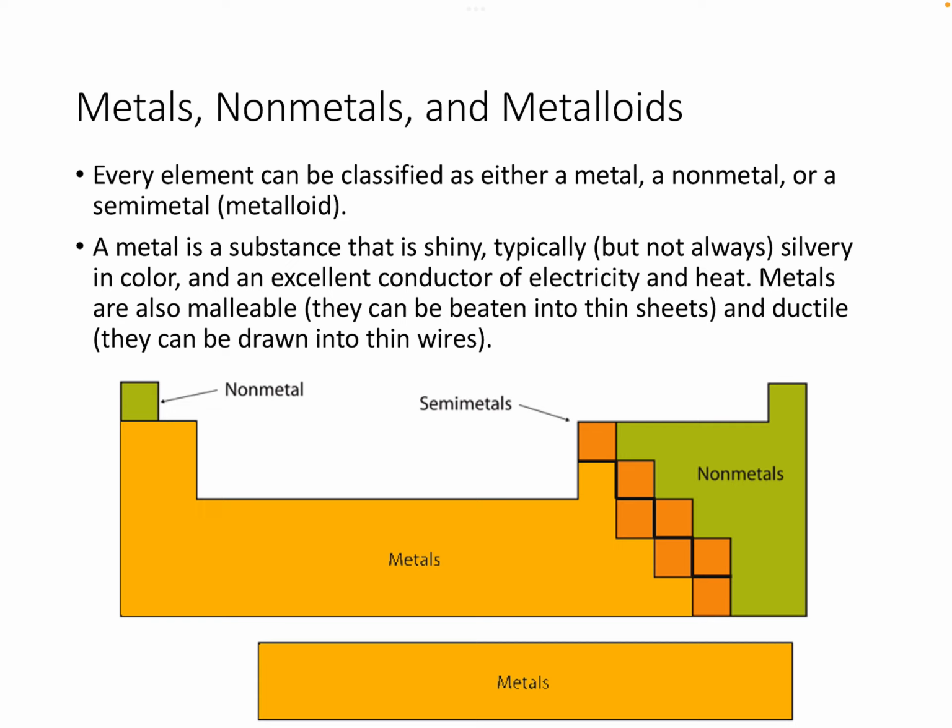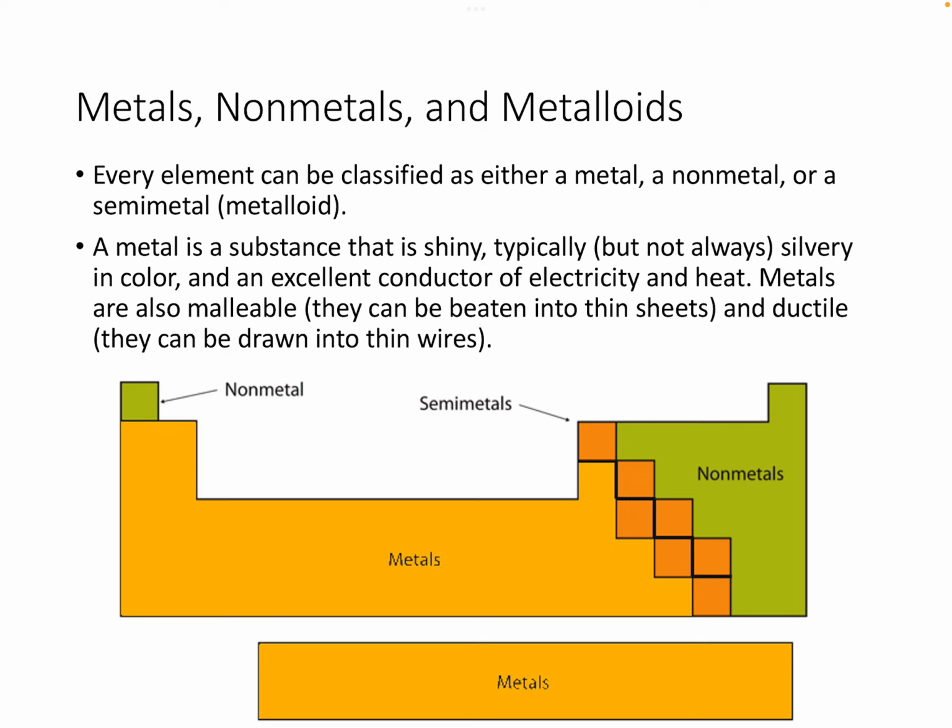All right, so let's talk about metals, nonmetals, and metalloids. So every element can be classified as either a metal, a nonmetal, or a semi-metal, which we sometimes call a metalloid. And we're pretty familiar with metals, right? They're typically shiny, they're typically silver in color, other than things like copper, which is usually kind of a bronze color.